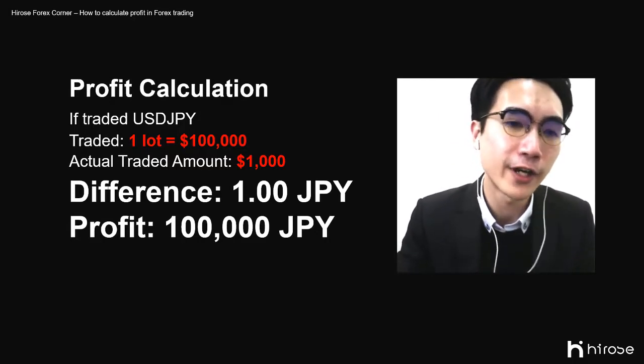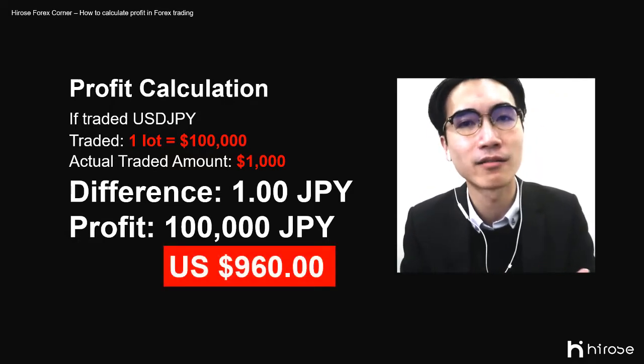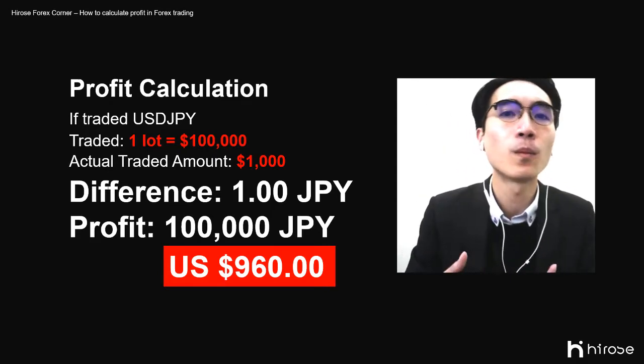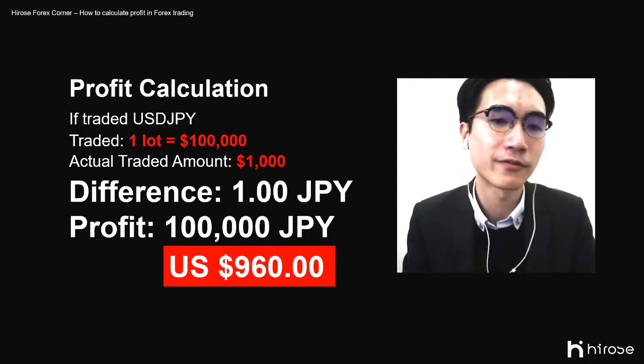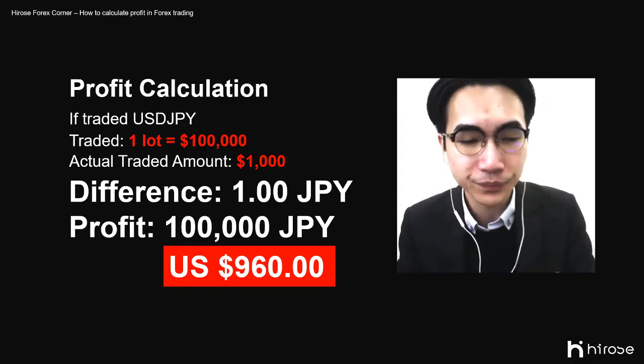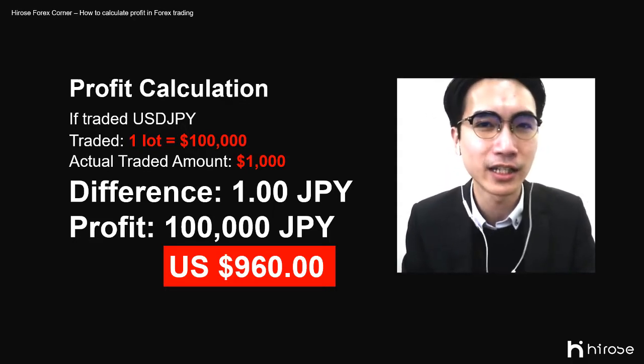So if I convert that into US dollar, that is gonna be roughly around $960. This is what I'm gonna get if the price difference is 1 yen. So that is how we calculate profit in Forex trading.